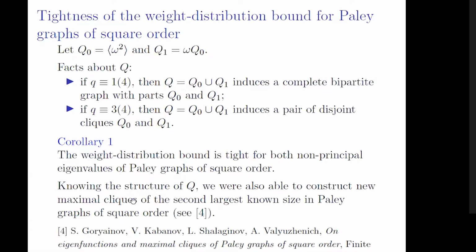And knowing the structure of Q, we were also able to construct new maximal cliques of the second largest known size in Paley graphs of square order. See our paper [4] for more details. So looking for eigenfunctions having the minimum cardinality of support, we have found some additional maximal cliques.